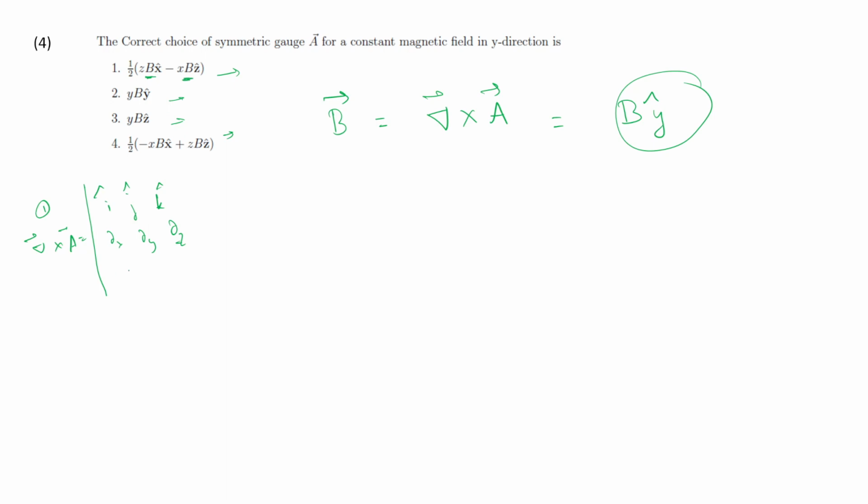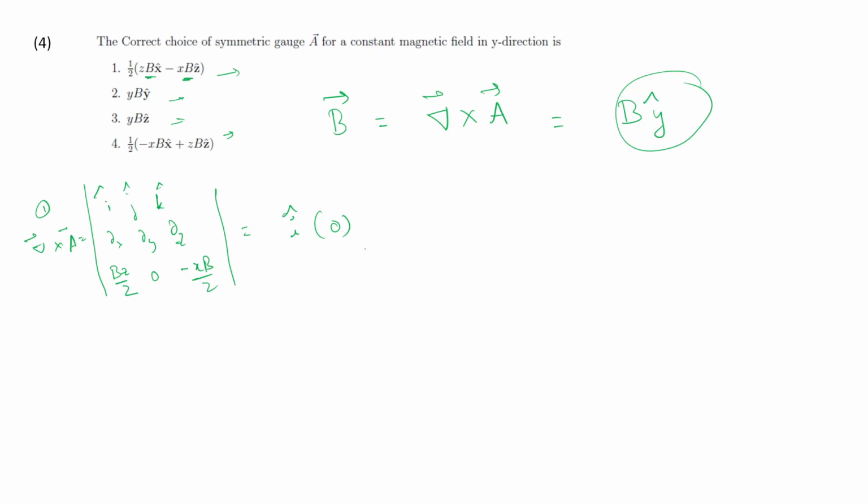Along x cap it is bz by 2, along y cap there is no component, and along z it is minus xb by 2. We take the determinant, and for i cap we get 0, since the partial derivative with respect to y is 0.